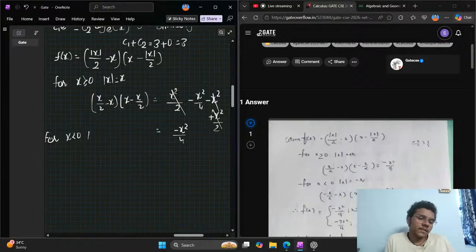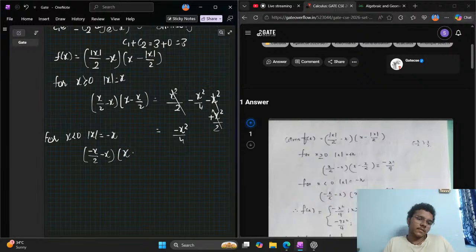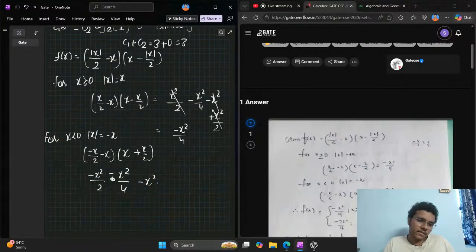For x less than 0, mod x is equal to minus x. So that will be minus x by 2 minus x plus x by 2. Let's cross multiply: minus x square by 2 plus, sorry, minus x square by 4 minus x square minus x square by 2.